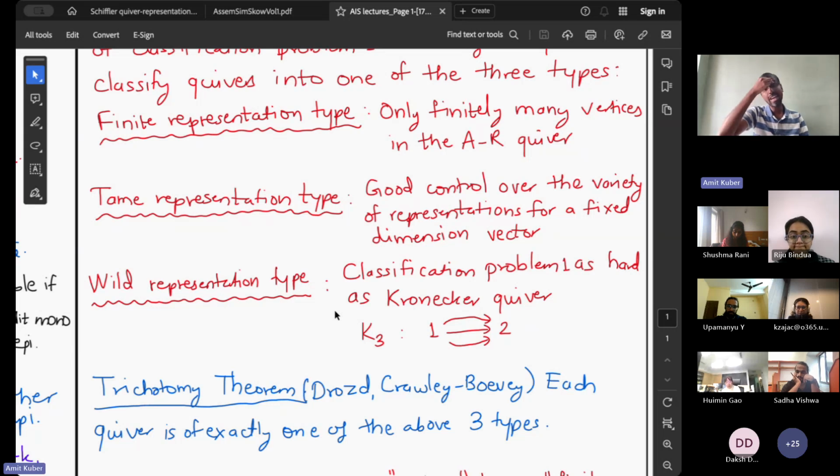So this trichotomy theorem says that every quiver lies in exactly one of these 3 classes. You don't have to worry about any other thing. This is a very powerful result, because the definition of wild representation type is not that it is not finite or tame representation type. It has its own definition, tame has its own definition, and then surprisingly, those are the only 3 things you can do. So this trichotomy result is a very powerful result in this area.